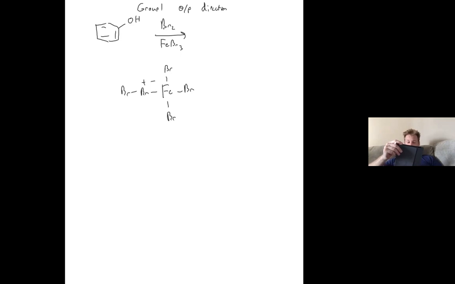We just have a different metal and bromines now. I'm going to draw out the mechanism for generating the ortho or, let's do the para product. You could also do the ortho one.